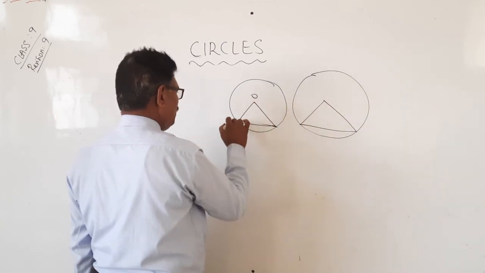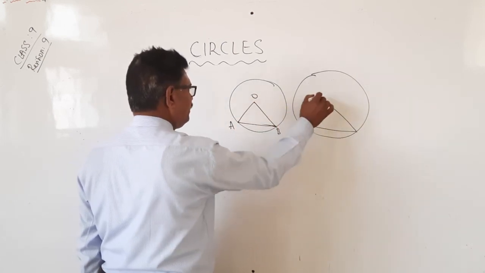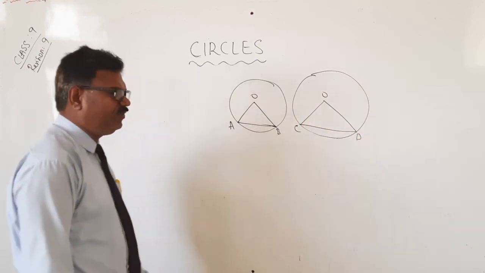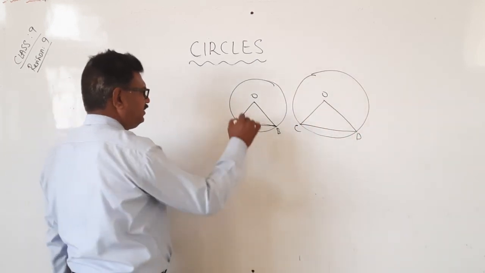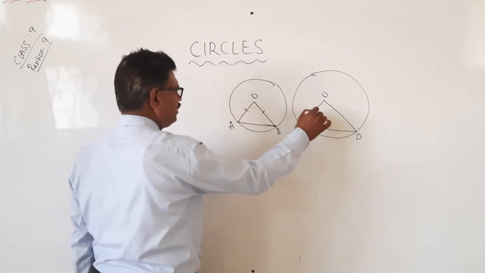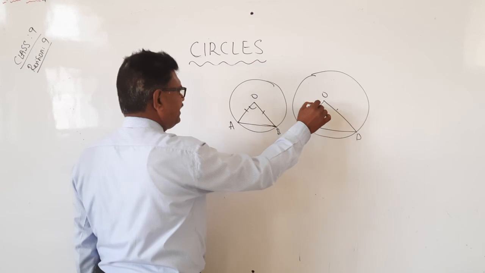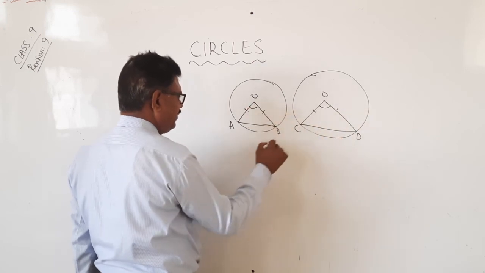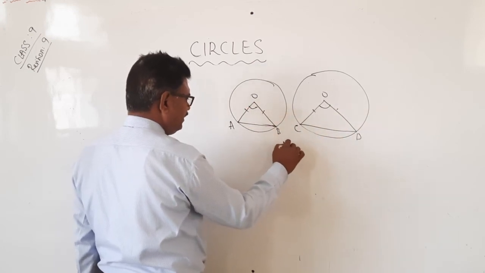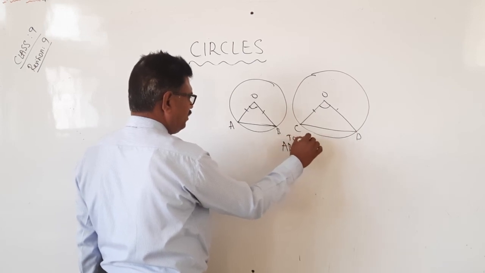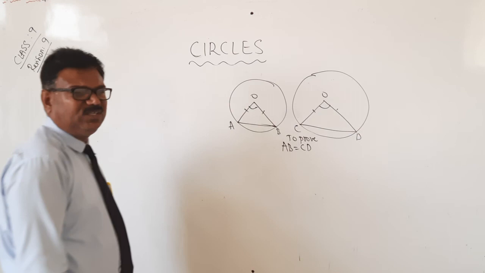For example, OAB, OCD. If you take like this, then these all are equal and he has given the angle is also equal. Then we have to prove that AB will be equal to CD. What we have to prove? AB will be equal to CD.